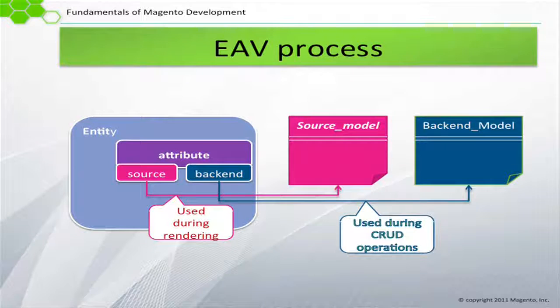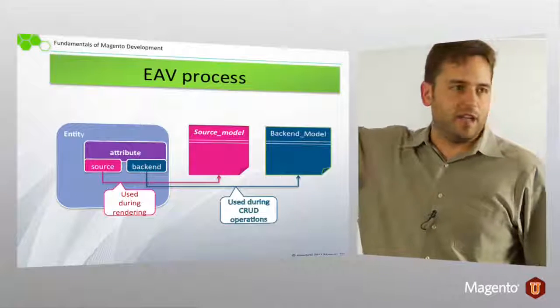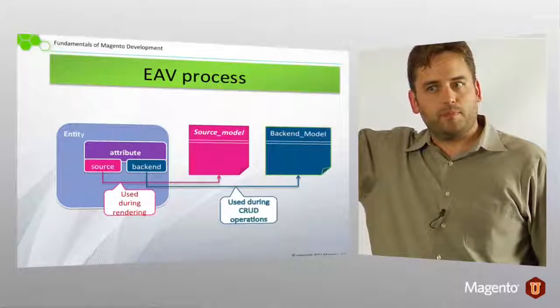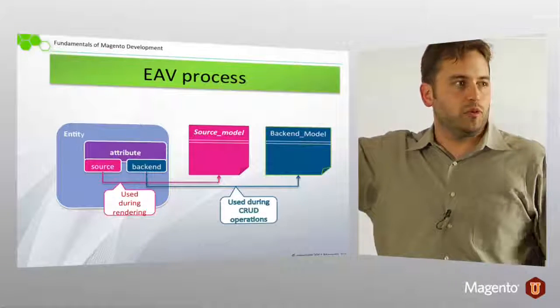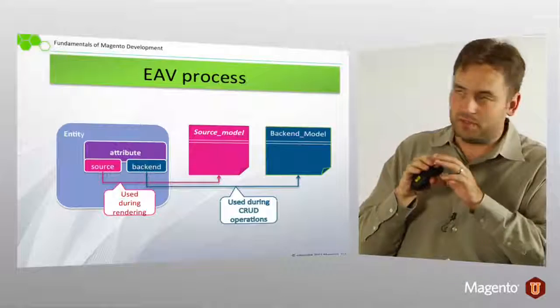Now, EAV process. So what does this all mean when it comes time to either gather or store information or options? Well, in the context of the entity, we get the attribute model. For each entity in EAV, we have access to the attribute model, and that model is very complex.